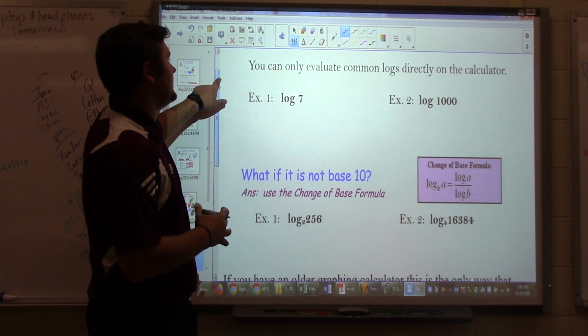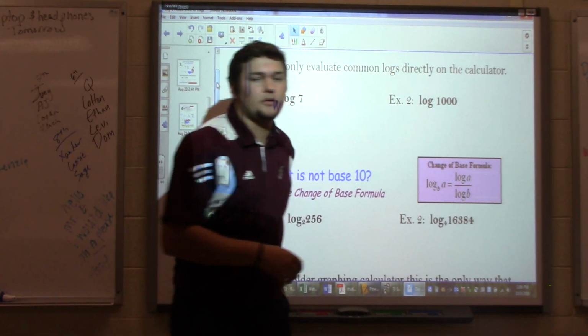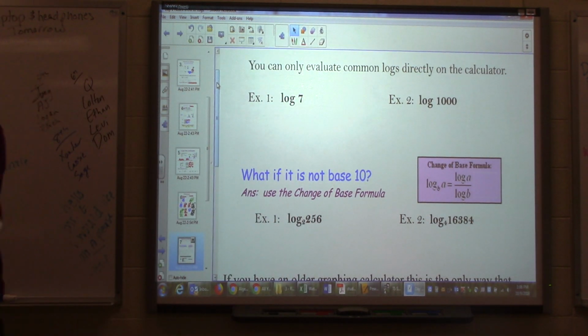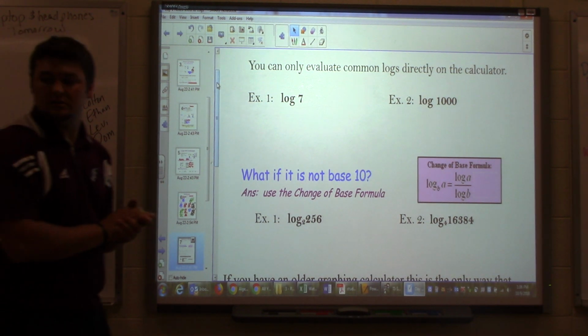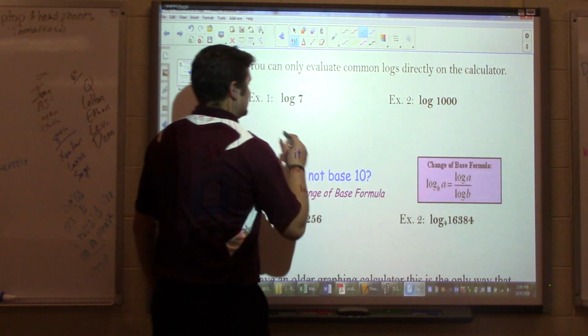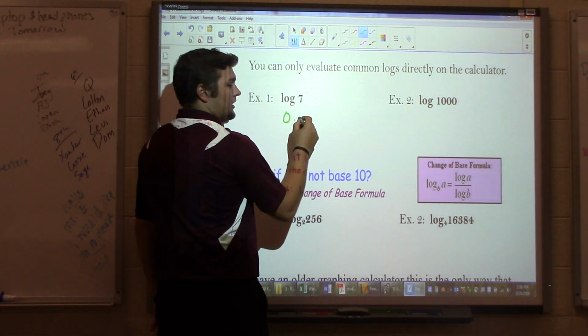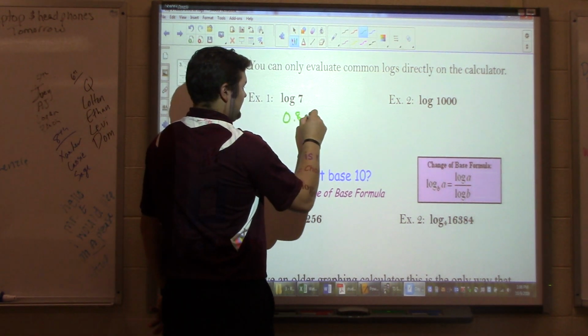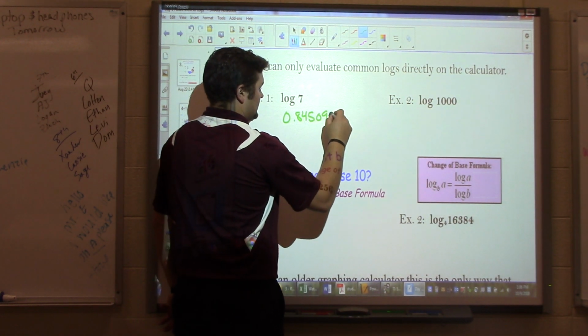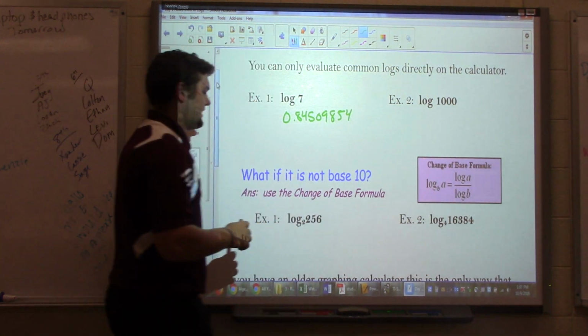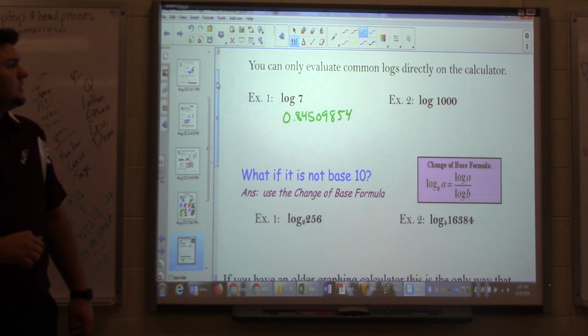One last thing I'm going to talk about: evaluating logs on your calculator. If you get your calculator out now and type in log of 7, what do you get? 0.854, right?